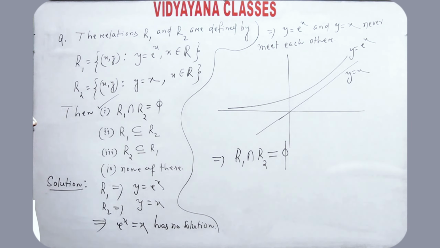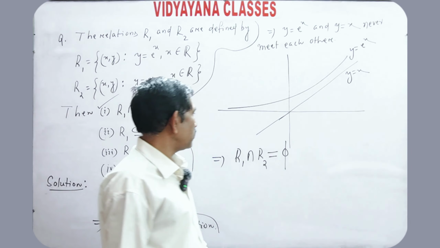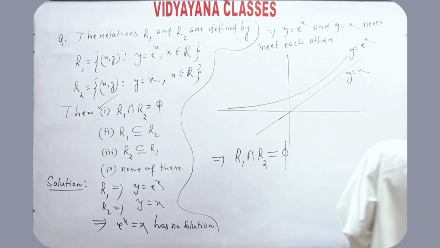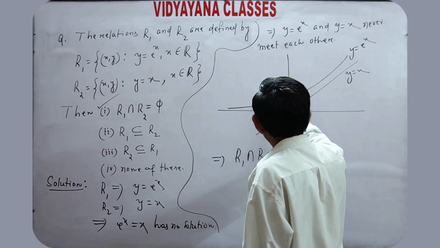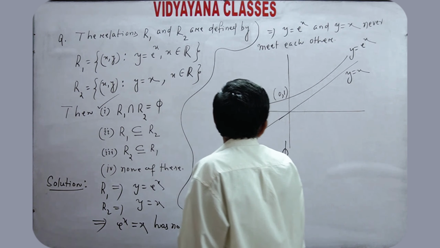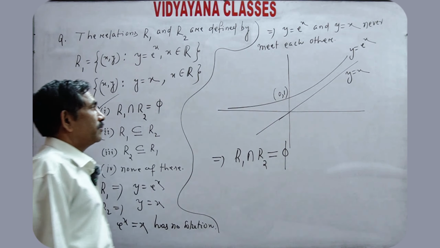So the correct option is R1 intersection R2 is equal to phi. And for x equal to 0, y is equal to 1.